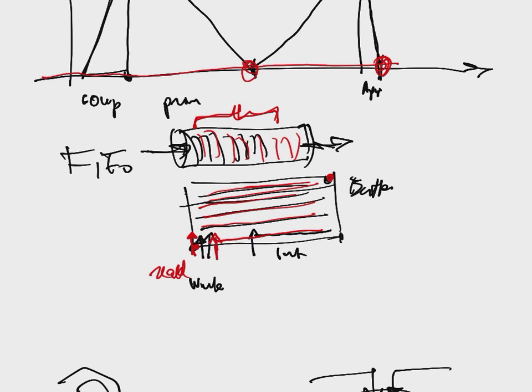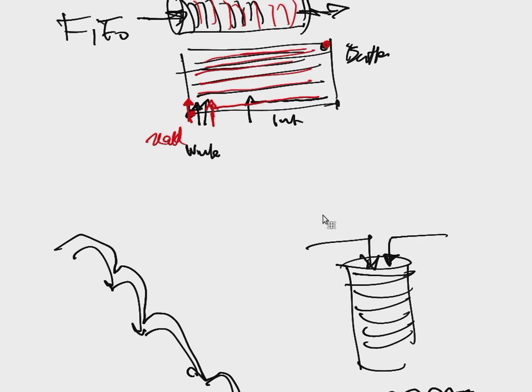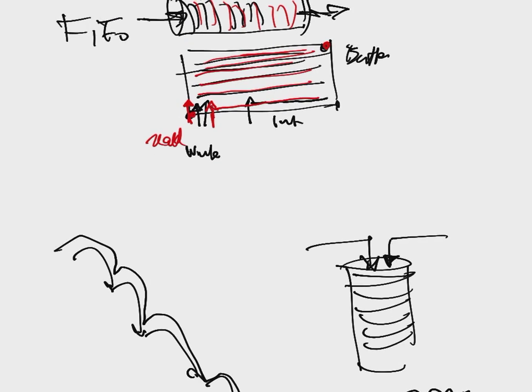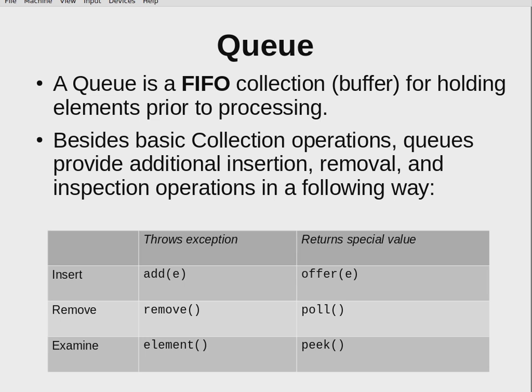And for a stack it is called FILO, or first in, last out, because what went first in is at the bottom of the stack, so it goes last out.